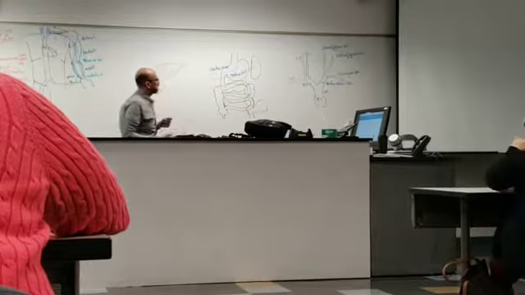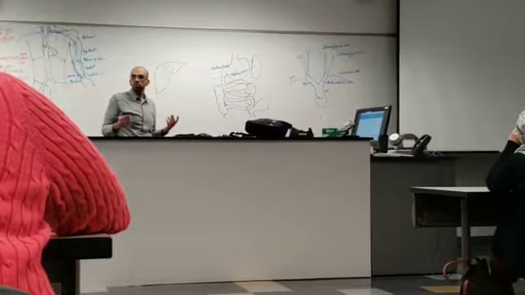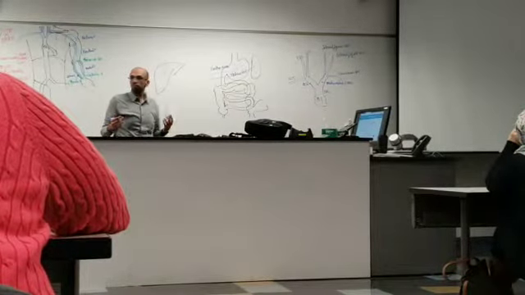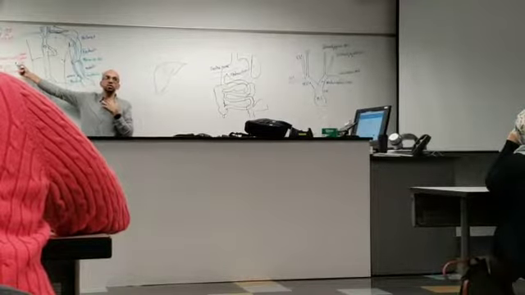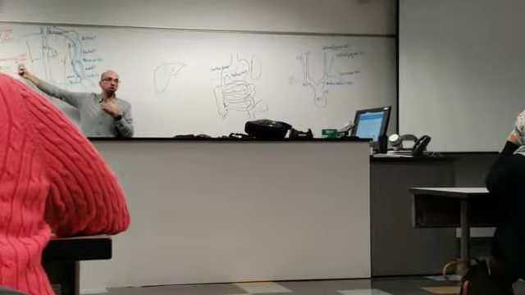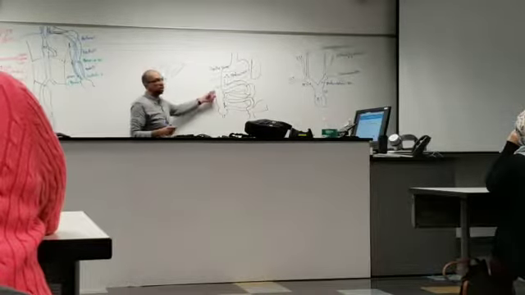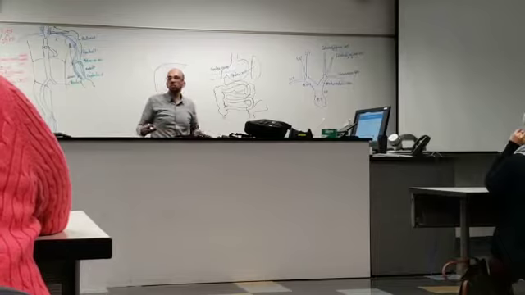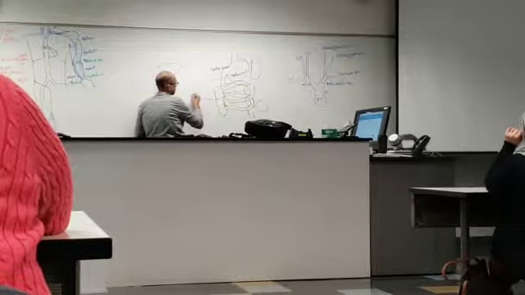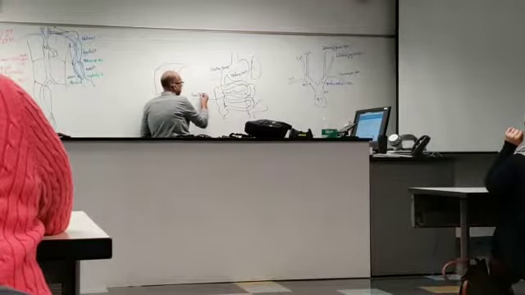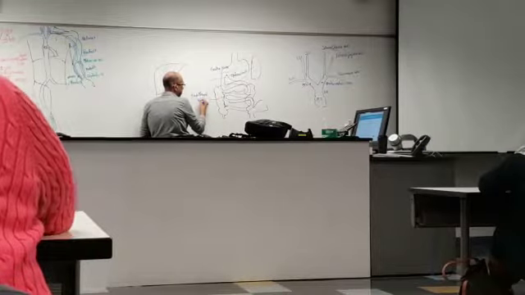What do you think is going to be the name of the veins that drain the small intestine and part of the large intestine? What do we call the arteries that will be supplying the small intestine and part of the large intestine? This will be my superior mesenteric artery, right? So what do you expect the name of the veins that drain the small intestine and part of the large intestine to be? This would be my superior mesenteric vein, right?